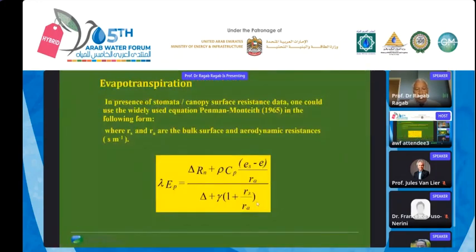Then we moved on to use equations based on meteorological data. The famous one here is the Penman-Monteith equation, which is based on temperature, net radiation, and also takes into account the canopy resistance for the crops. The canopy resistance was difficult for many people to measure or obtain.